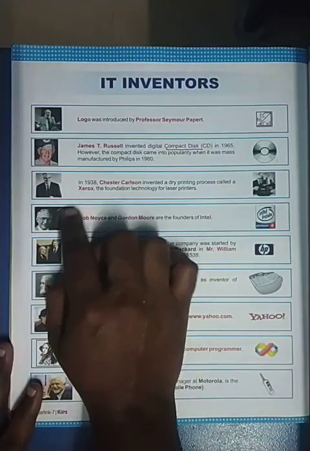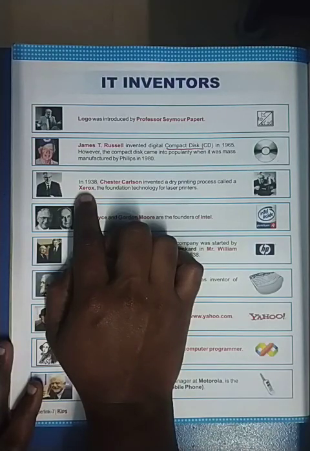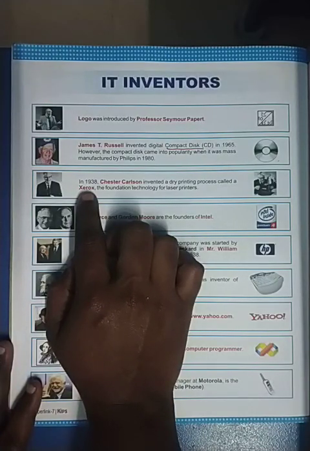So the next one is Xerox. What is this Xerox? You know, Xerox means you are going to take a copy. So the proper name for that is photocopy. But the name of the machine which is doing that is called a Xerox. Since then we have been calling the photocopy itself as Xerox.